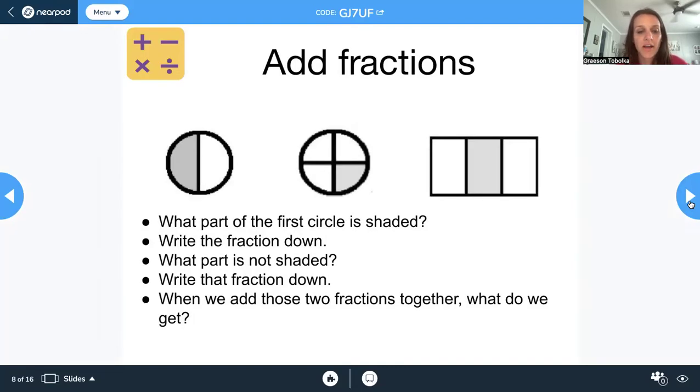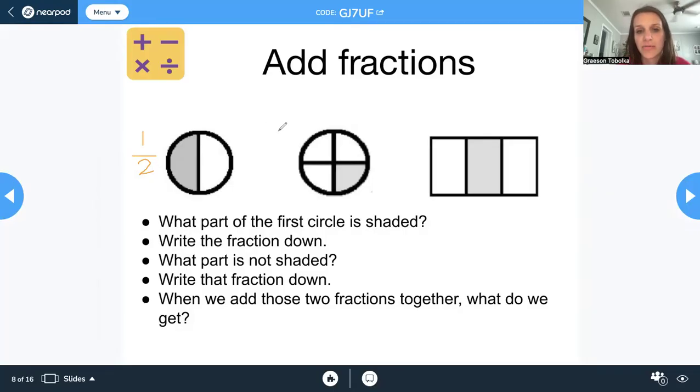What part of the first circle that you see right here is shaded? Well, one is shaded out of how many total? The top one is called our numerator, and the total at the bottom is our denominator. So we call this not 1 over 2, we call this 1/2.